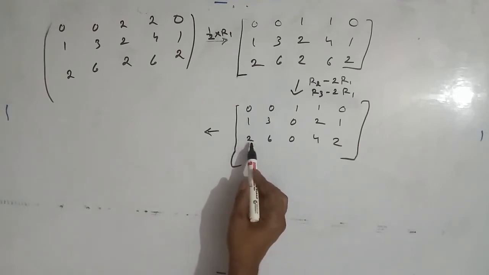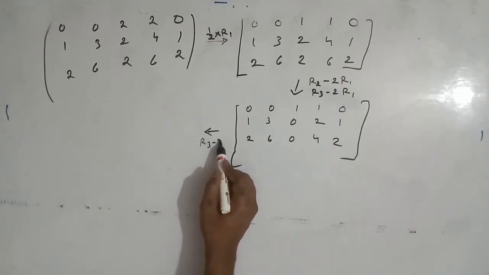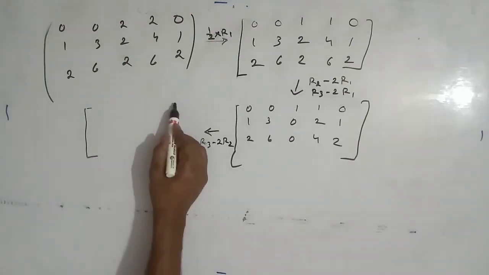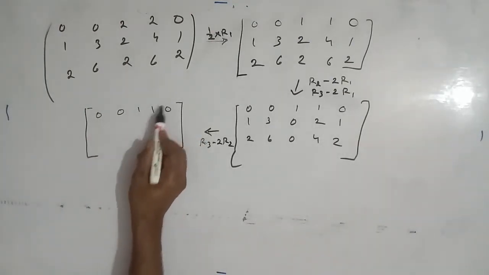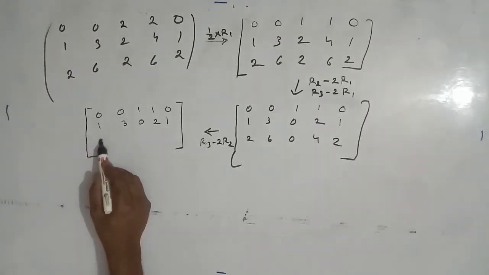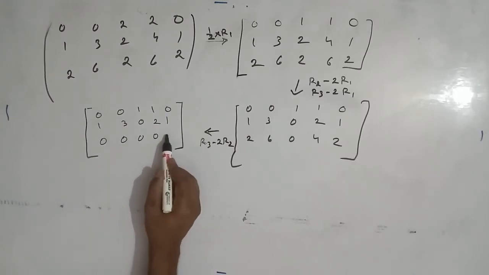So to make this 2 0, we are operating R3 minus 2 R2, so it will be 0 0 1 1 0 1 3 0 2 1, 2 minus 2 0, 6 minus 6 0, 0 0 and 0.